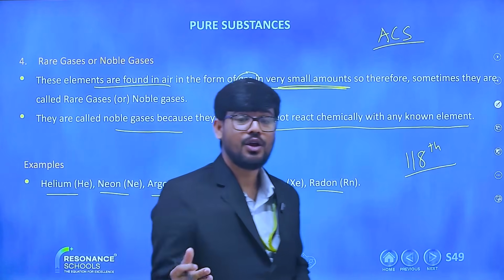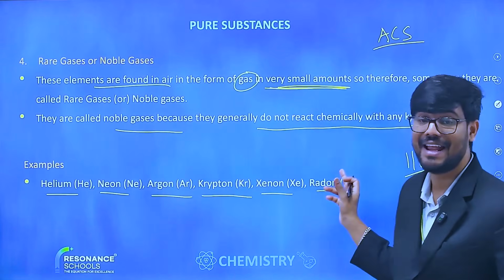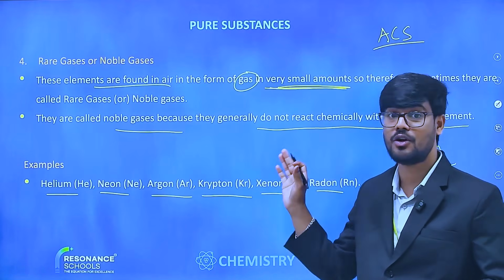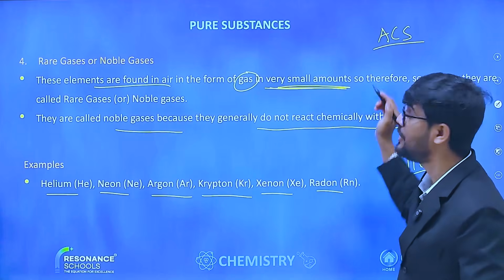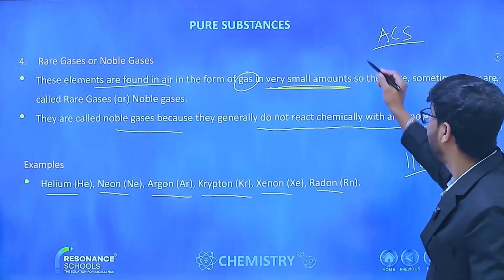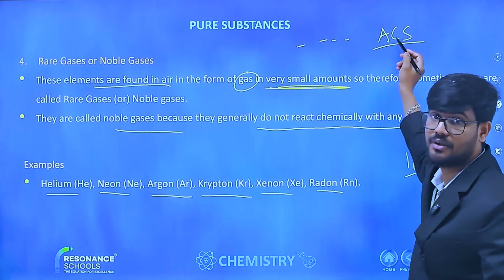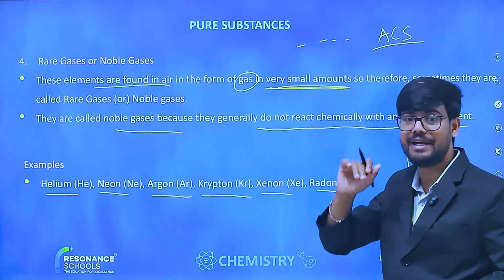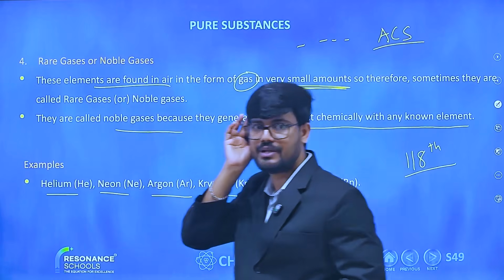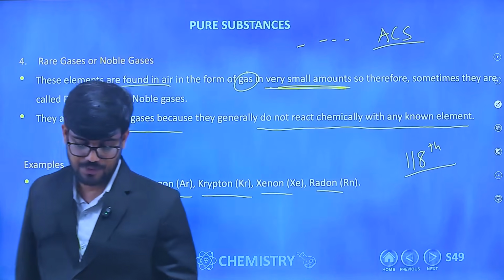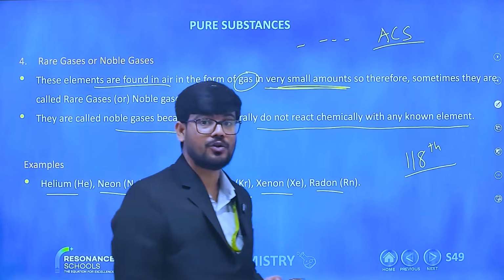That is the latest one. All 118 elements, their symbols. Okay, a lot of things are mentioned there. So in Google, what you will do? Just write periodic table ACS. Okay, you will get one PDF. Just save that or take a printout, and every time you have to follow that one.